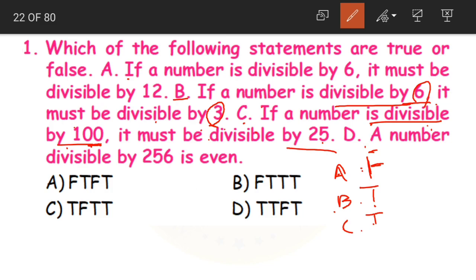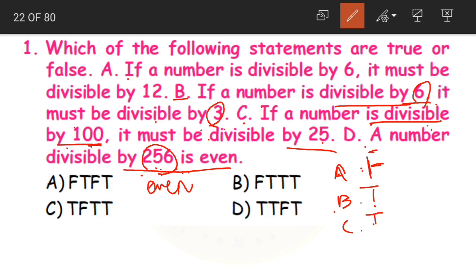Next, question D. A number divisible by 256 is even. Now see, when we take the numbers divisible by 256, the numbers divisible by 256 are even numbers.